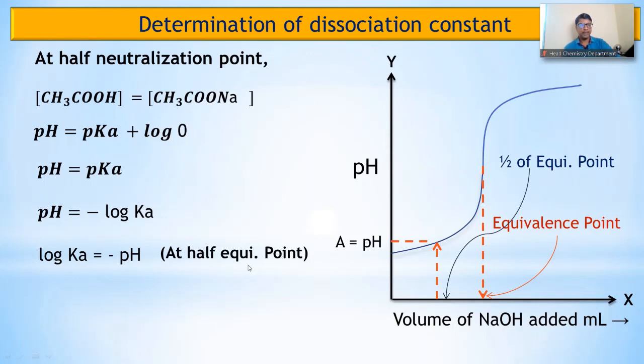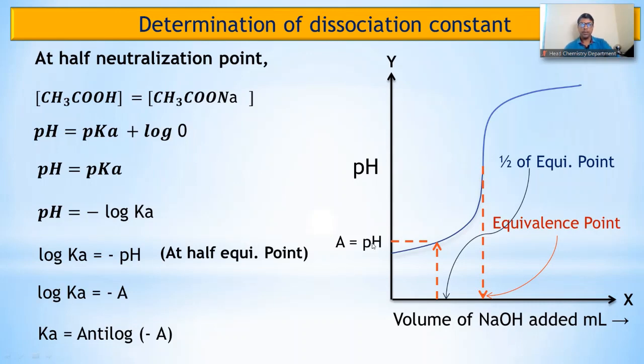So log Ka is equal to minus A, as this pH is nothing but A, or instead of A we can write the value itself. If you simply take the antilog of this term, minus A, then you will get the value of Ka, the dissociation constant of this acetic acid.